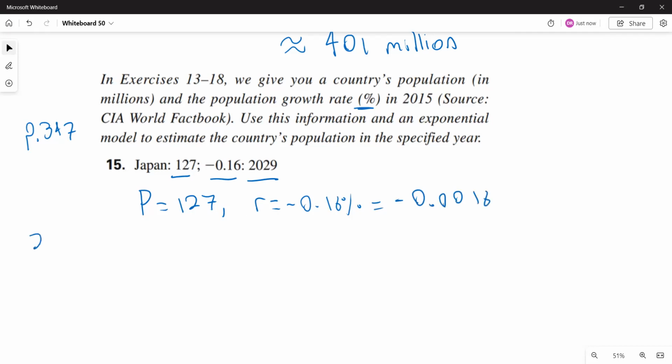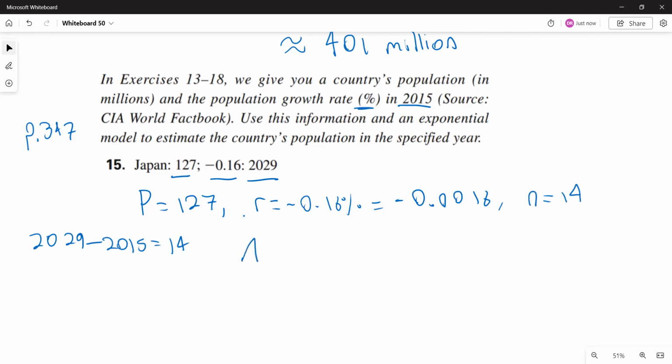And 2029 minus 2015 is 14, so n is equal to 14.